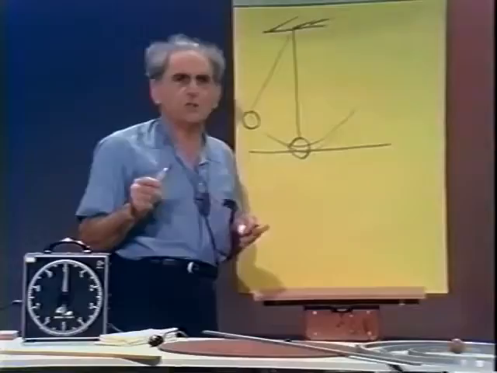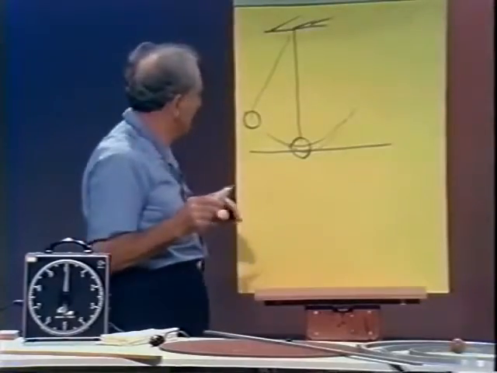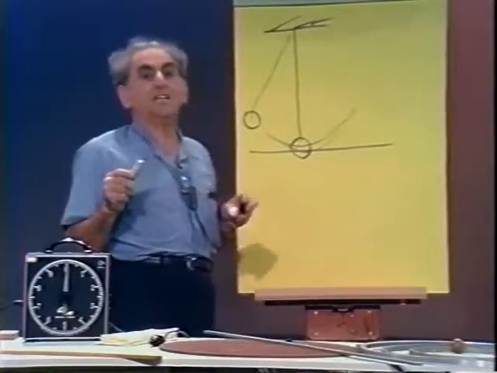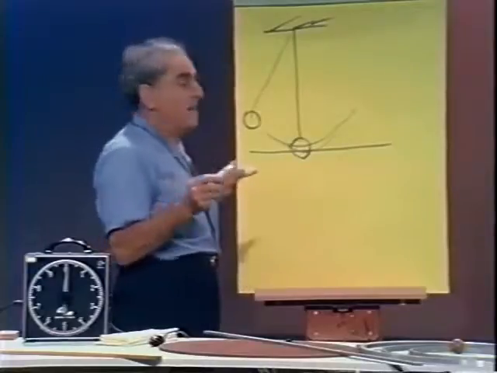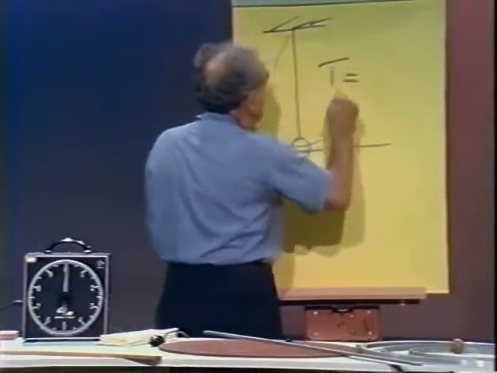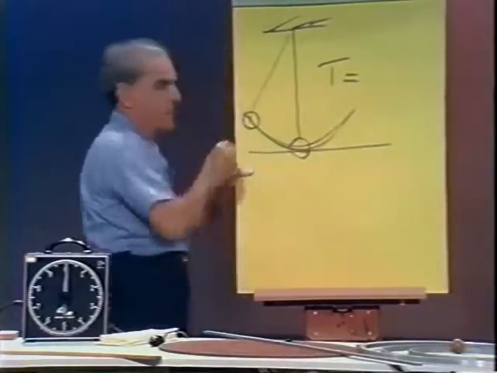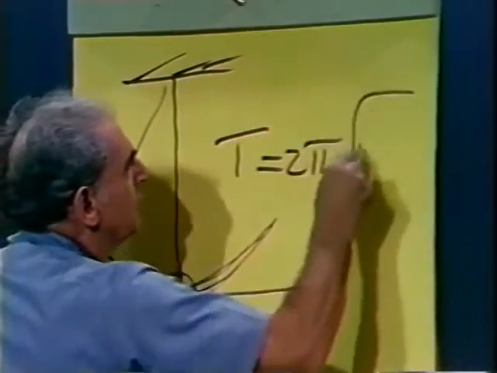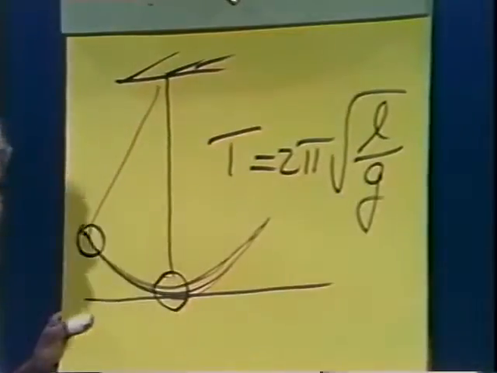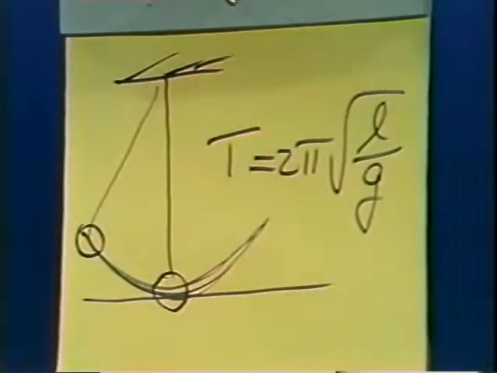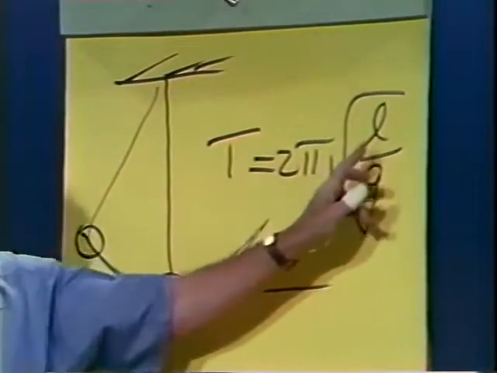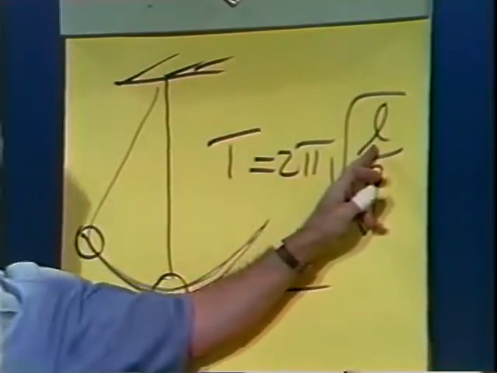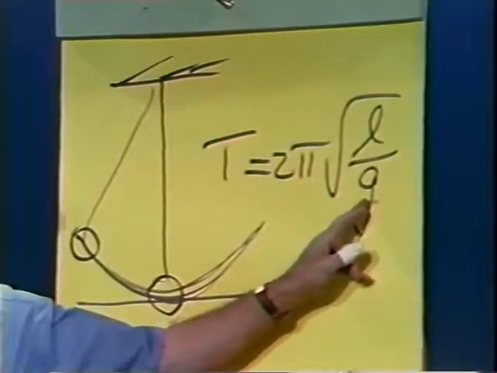Now, we wish to explore its motion. When you study the lesson in this business, you will find that the period, which is the time for a complete trip, comes out to be some such expression about which I will not have much to say. It's governed, as we see, by the square root of the length and depends upon where we time it.